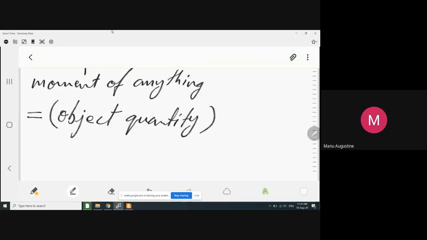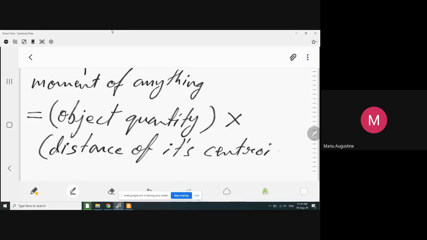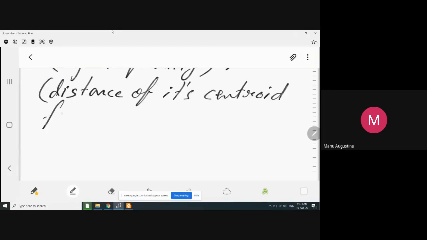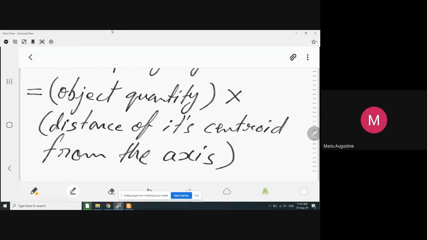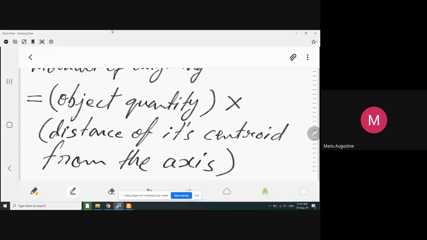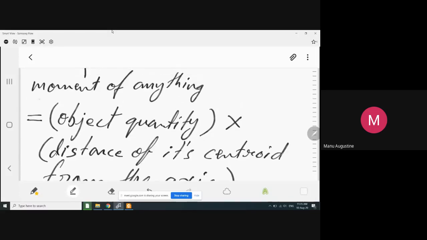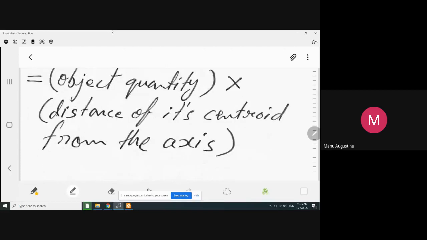So object quantity multiplied by distance of its centroid from the axis. This is the definition of moment. Moment of anything is equal to object quantity multiplied by distance of its centroid from the axis.